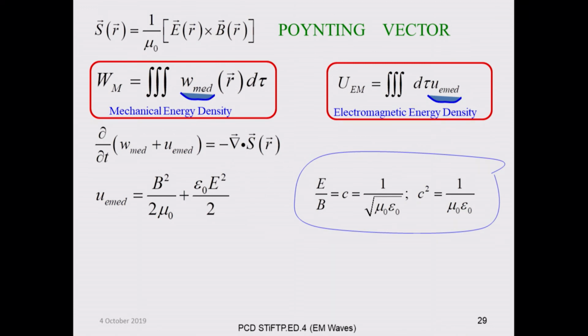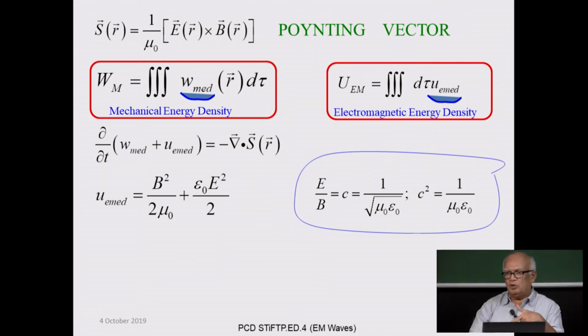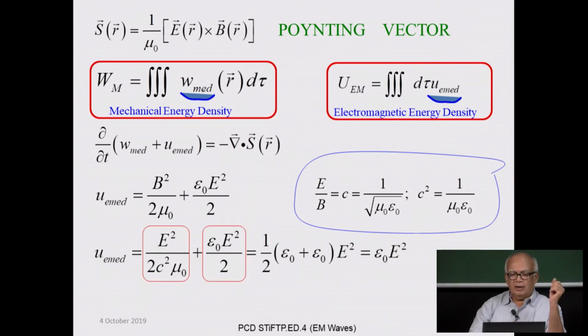Now remind yourself that at the beginning of this class we showed that E over B is equal to c, and c squared is 1 over mu 0 epsilon 0, right, which essentially means that the electromagnetic energy density is given by epsilon 0 times the square of E. So between the two there is only one fundamental quantity, epsilon 0 or mu 0, because the other you can get from the speed of light, which is a universal constant.